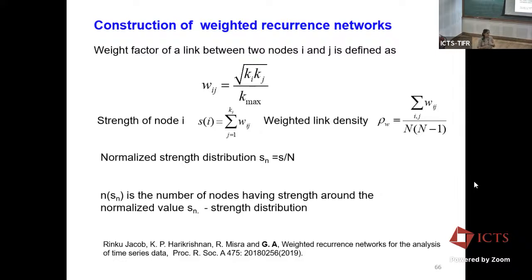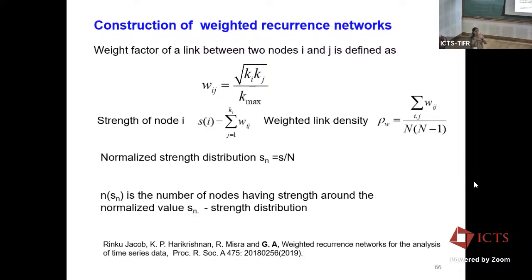The second thing is, you say that if the distance between I and J is within epsilon, you put a link. But within epsilon itself, that distance can be very different for a set of points. Suppose your epsilon is 0.5, there can be distances which are 0.1, 0.2, 0.35, 0.45, like that. So when you put only a link, you are taking all of them to be the same.